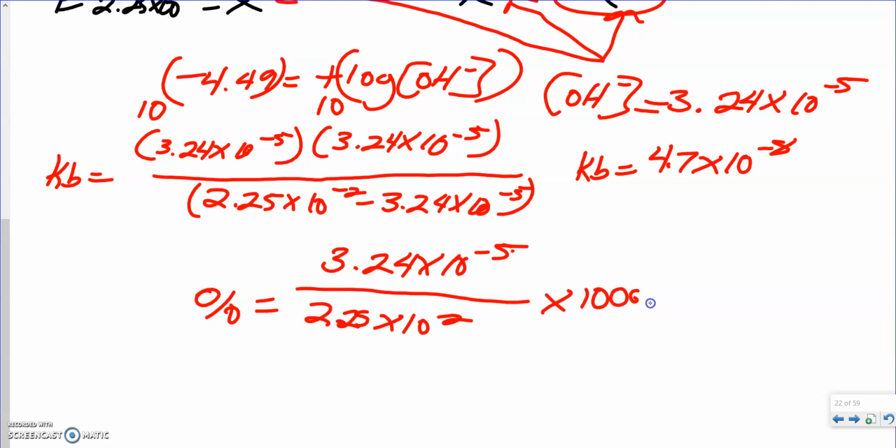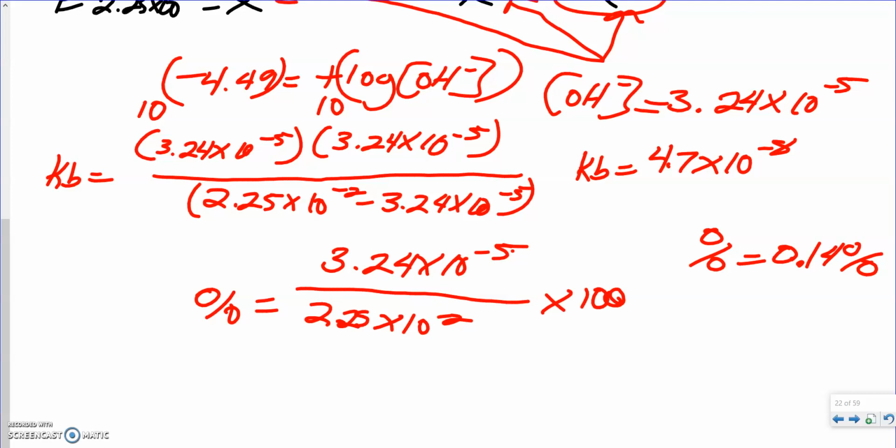So when we calculate that out, I am getting a very small percentage, which is what I would expect based off that KB value, a percent equal to 0.14%. So a very, very small percentage even after all that work. It's not very big, which again, we would expect from that small of a KB value.